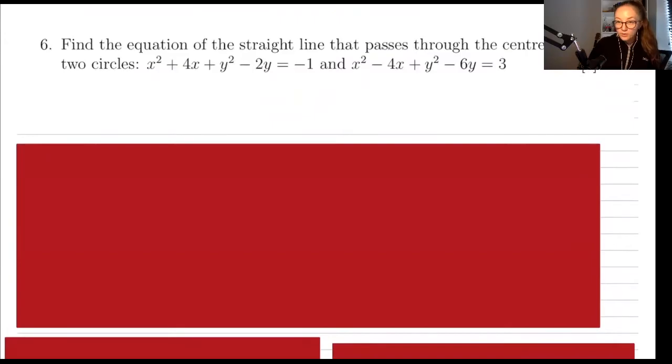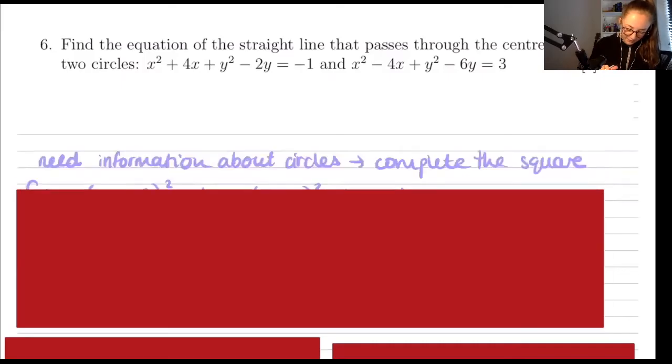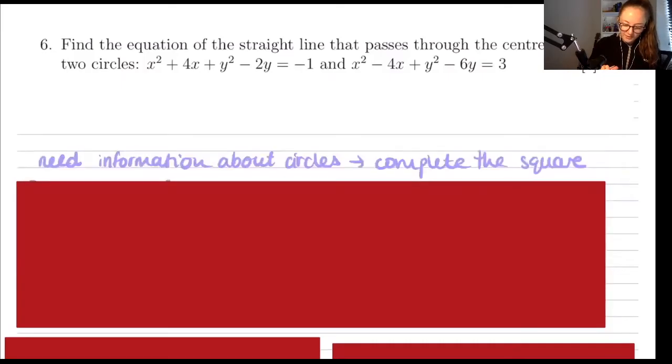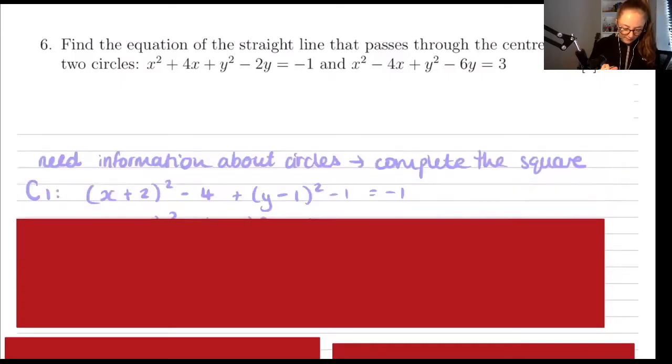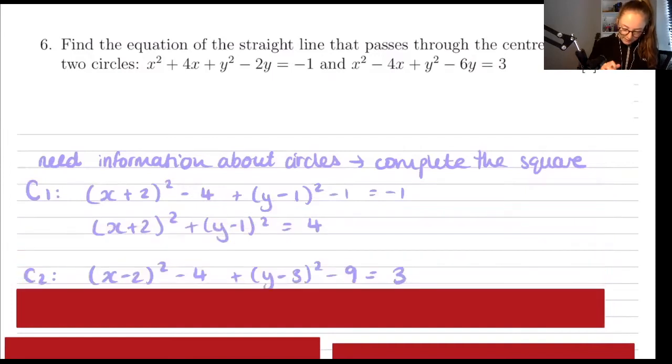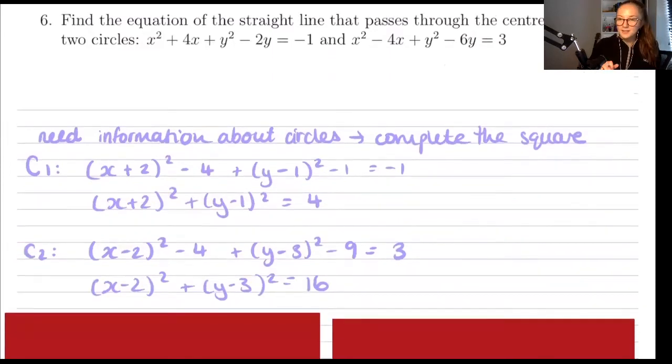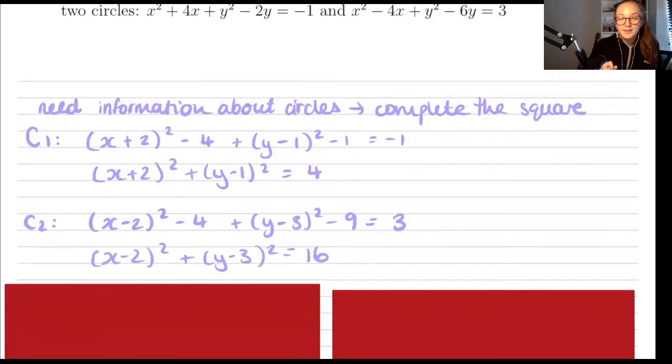So this is a coordinate geometry question where we are talking about two circles, and we want an equation that will describe a straight line between the centers of these two circles. So I'm sure you've gathered a useful bit of information that we need is the center of the circles. So we will need to complete the square. So I've just done that here. I trust that I don't need to talk through completing the square.